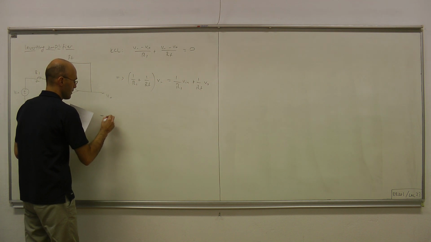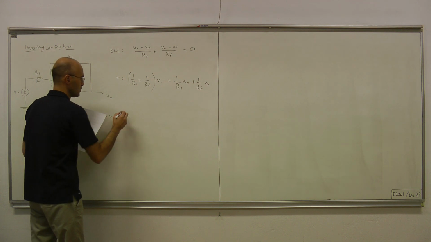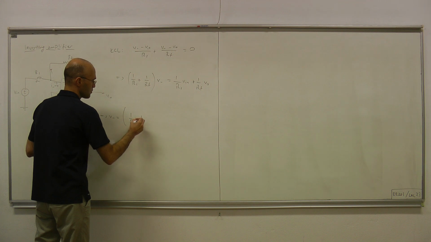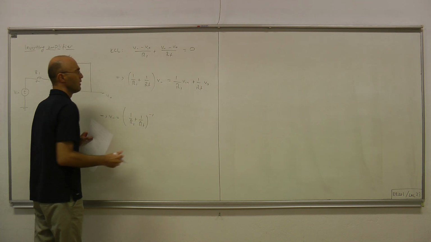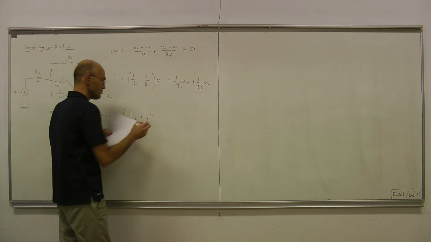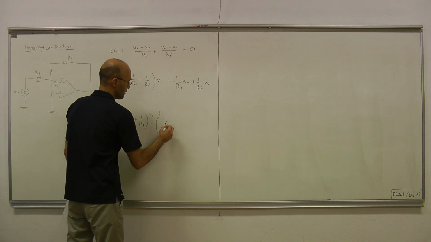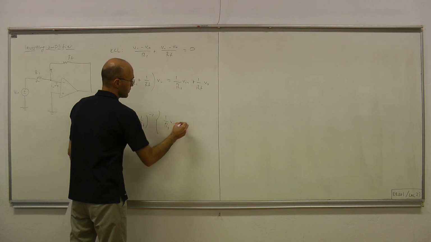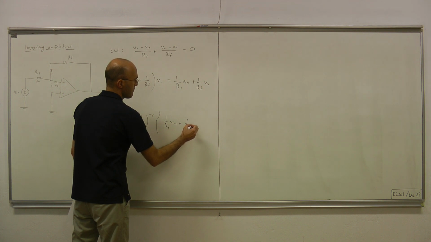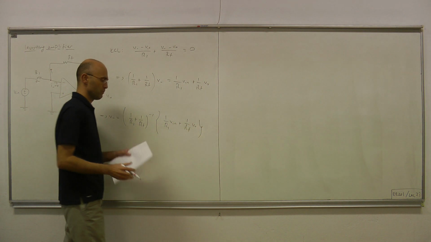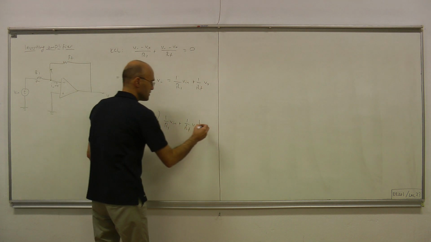Therefore, V minus equals the inverse of 1 over R1 plus 1 over RF, times 1 over R1 V in plus 1 over RF V out. Let's call this equation 1.